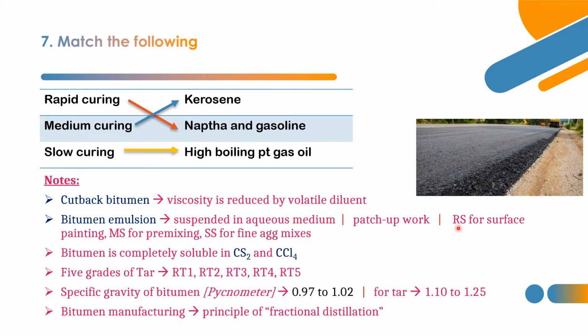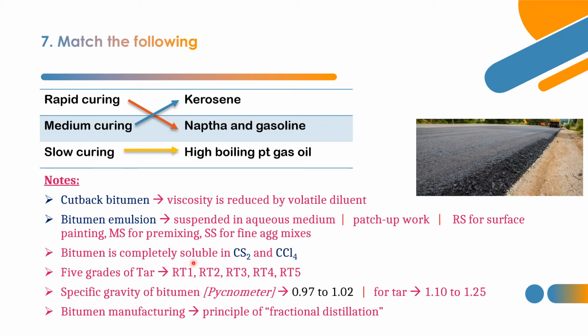Rapid setting bitumen emulsion is for surface painting. Medium setting is for pre-mixing the bitumen with the aggregate, or coarse aggregate we can say, and the slow setting bitumen emulsion will be used for fine aggregate mixes. So these are the uses for bitumen emulsion.